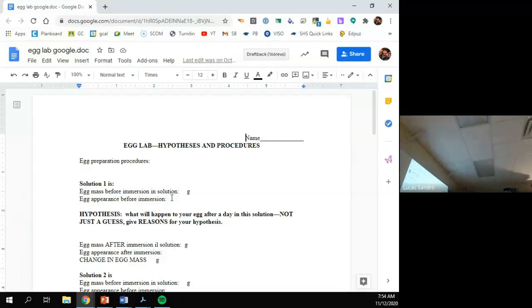Okay, once you've shared egg preparation procedures, please type in: put egg in plastic cup, cover egg in white vinegar for 24 hours.